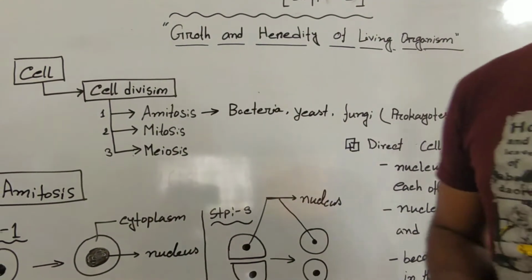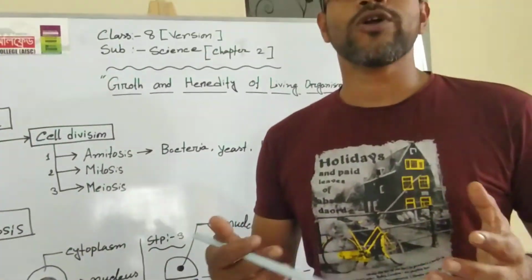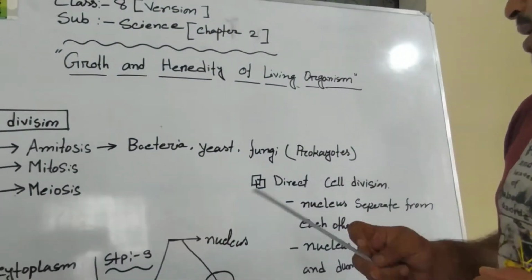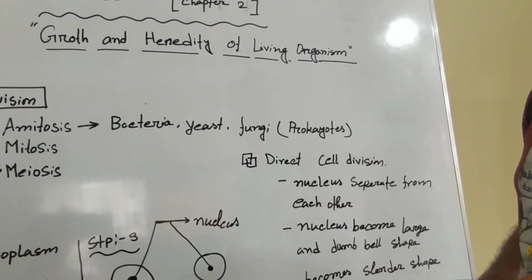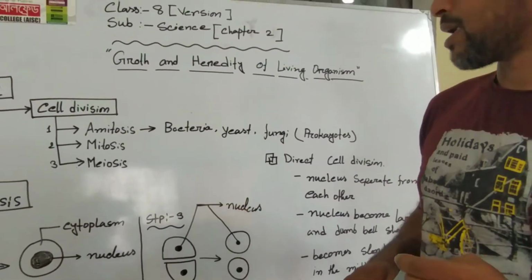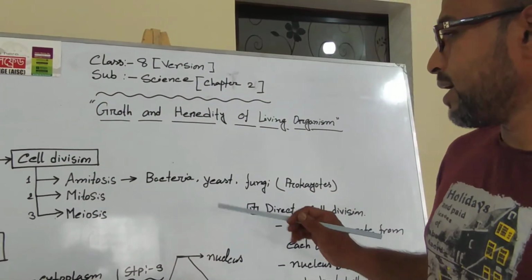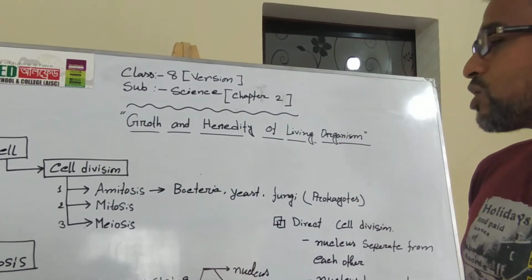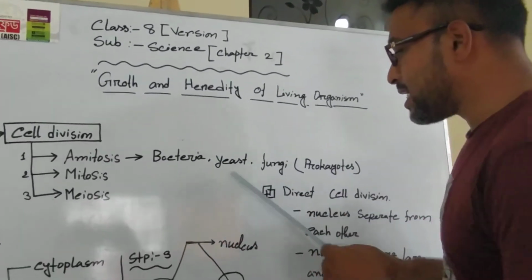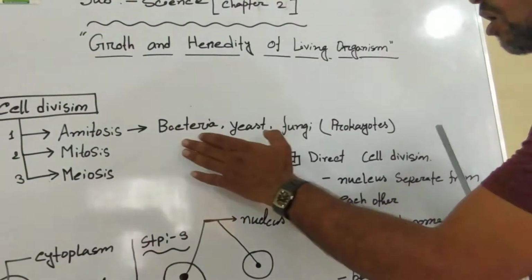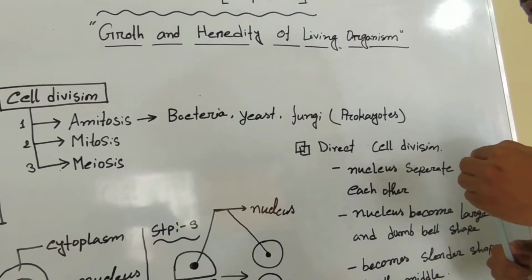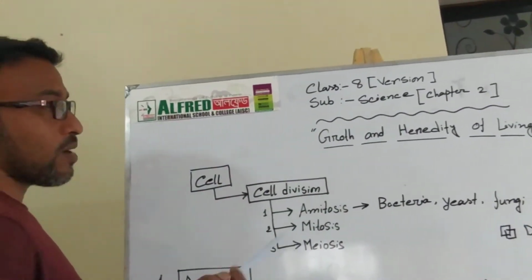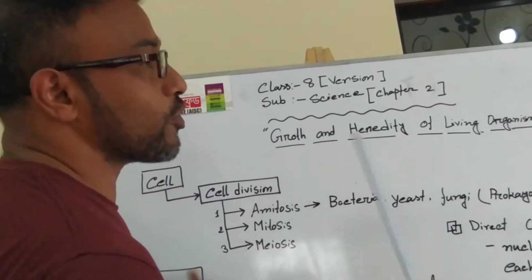I hope you already know about microorganisms. Microorganisms are divided into two kinds: prokaryota and eukaryota. Today, because we are talking about mitosis, it actually happens in bacteria, yeast, fungi, etc. So all of them are prokaryota. In Class 7, Chapter 1, they discuss prokaryota and eukaryota briefly.